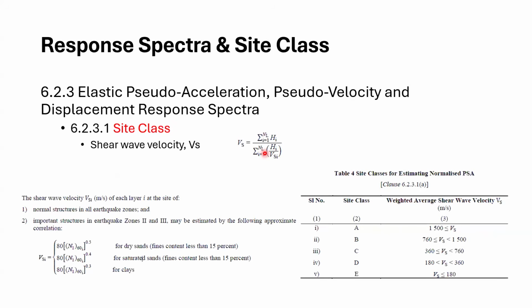The response spectra and site class. So to select the response spectra, we also need to know the site class. This will be based on the shear wave velocity that needs to be calculated, and the correct site class needs to be identified. A, B, C, D, and E is for site-specific response spectra.